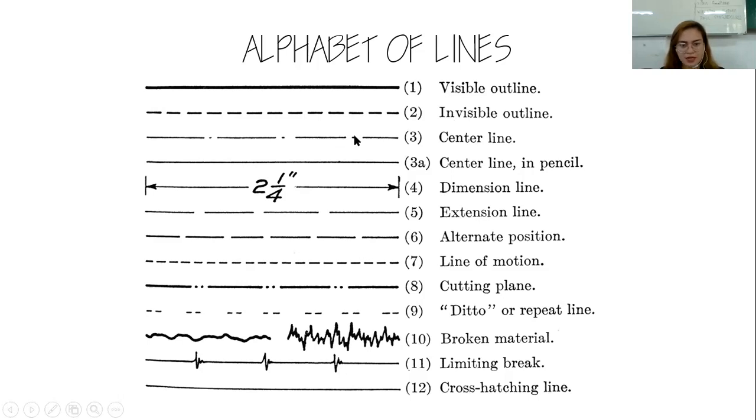Center line, don't forget center lines, dimension lines, extension lines, the alternate position, line of motion, cut in place, repeat lines, broken material, limiting break, cross hatching line. So I am really keen on using the alphabet of lines and more particularly on the line weights.